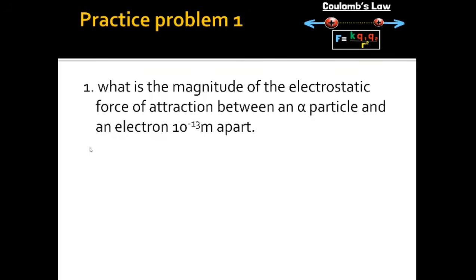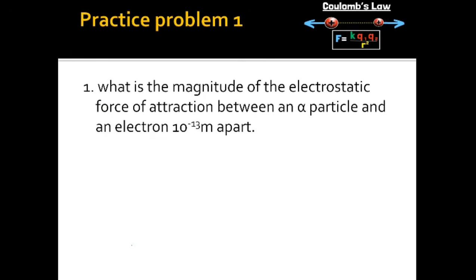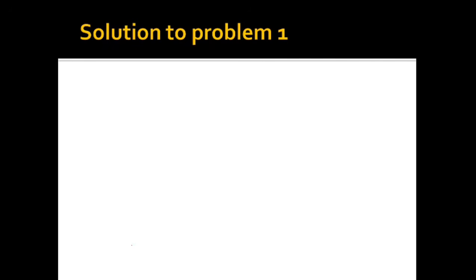Now let's go to our solution board and see what we can do there. Now solution to, okay, that's question number 1 there. Let's solve that. Look at it critically. We'll say F equal to K Q1 Q2 all over R squared.